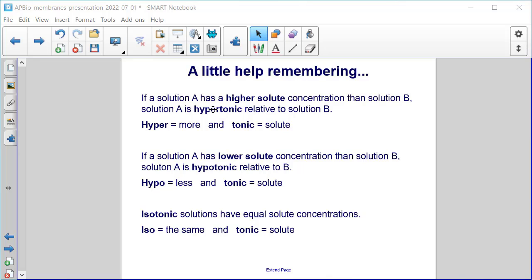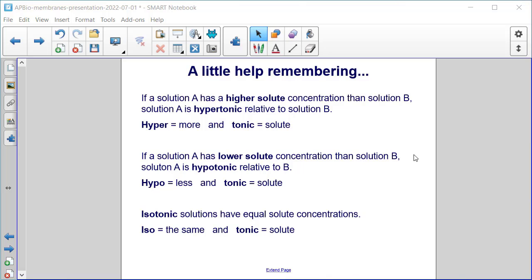So solution A has more solute relative to solution B. If solution A has lower solute concentration than solution B, solution A is hypotonic relative to B, where hypo means less, tonic means solute. Isotonic solutions have equal solute concentrations, iso meaning the same, and tonic meaning solute.